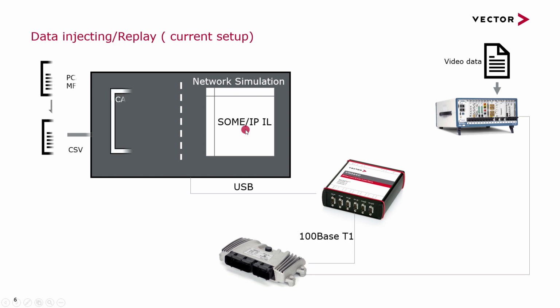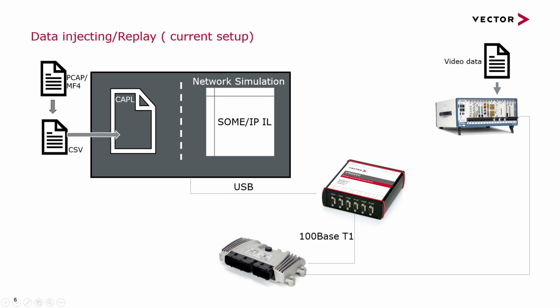Now, the first task was deciding how the data would be imported within the CANoe setup. So they settled on, first of all, converting the log data from PCAP and MF4 into CSV, and then they selected a number of signals which are required to carry out or to verify certain functions.